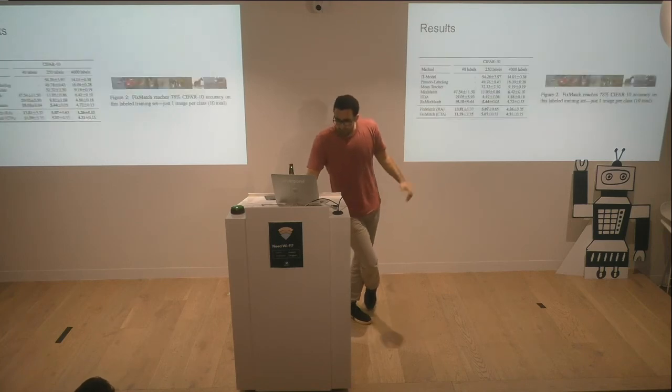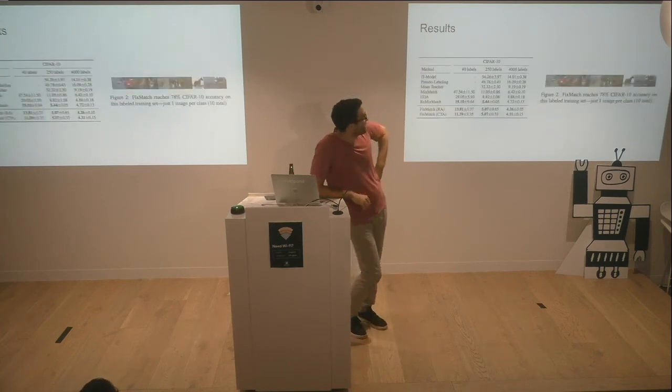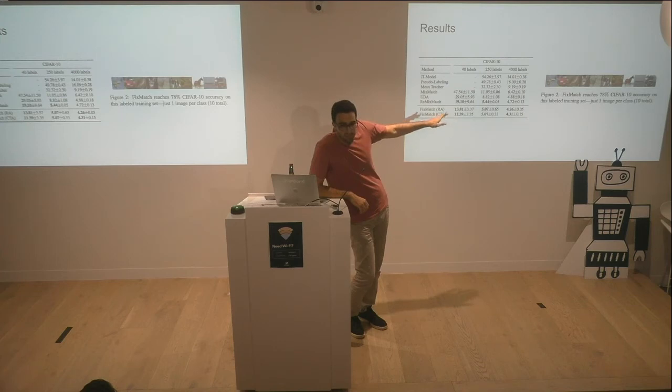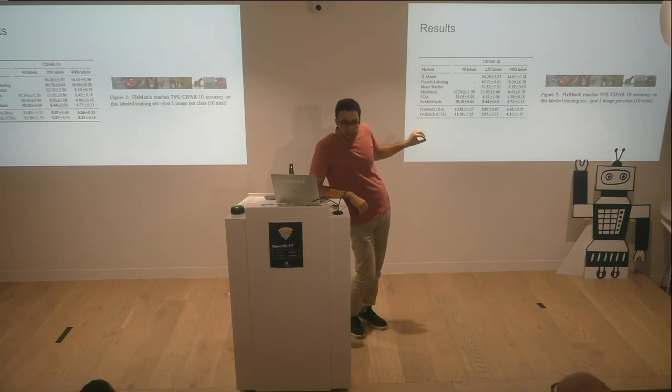Okay, so the results, like I said, are impressive, what you can do with this. With 40 labels, they had an error rate of 13.81, so like 86% accuracy. And the error rate that I mentioned at the start of 22% with one labeled example per class is derived by picking the best starting point for each of the classes.